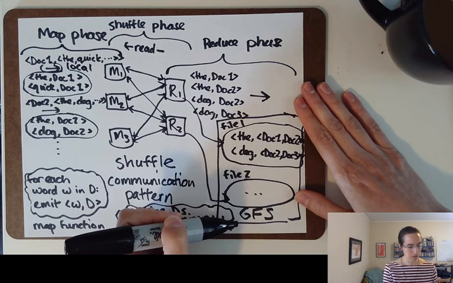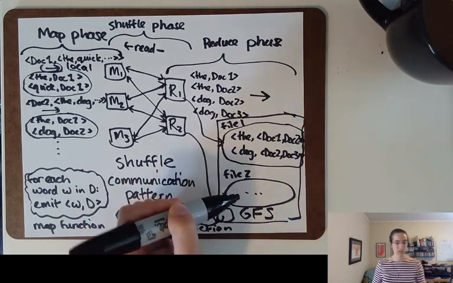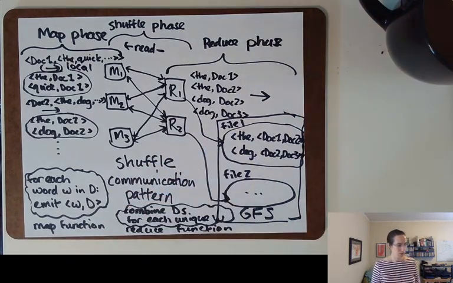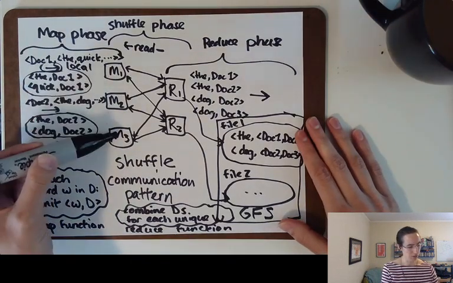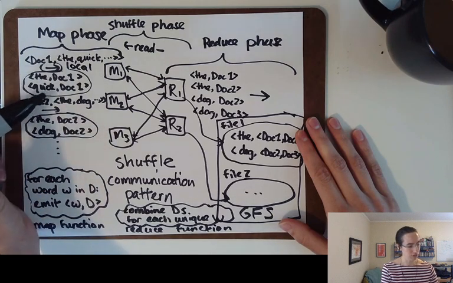So there's still network traffic that has to take place when you're storing the data in its final resting place on your distributed file system. But importantly, each of these map workers can work on its own independently to produce this initial set of intermediate key value pairs.